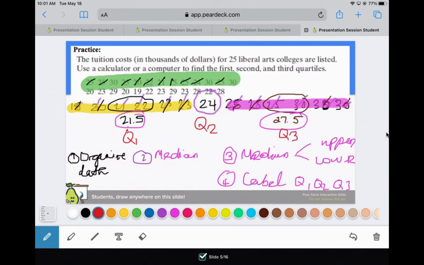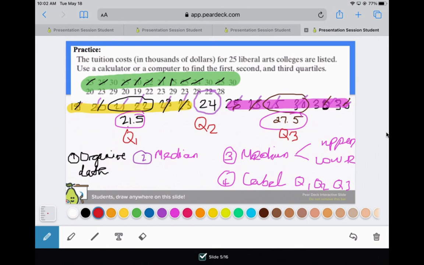What Q1 is saying is that about 1/4 of the population, the tuition cost would be about $21,500 or less. So about 25% of the liberal arts colleges, the tuition is $21,500 or less.